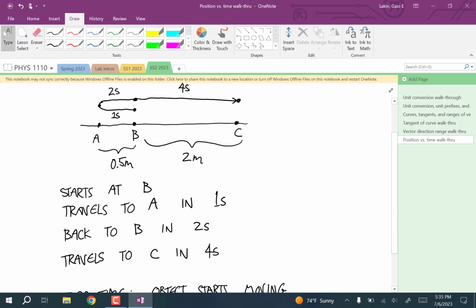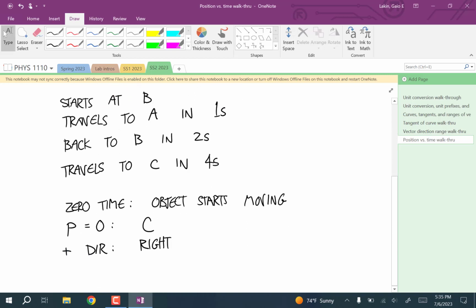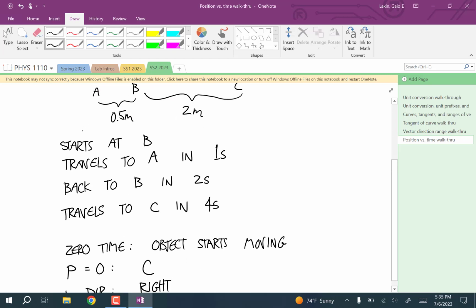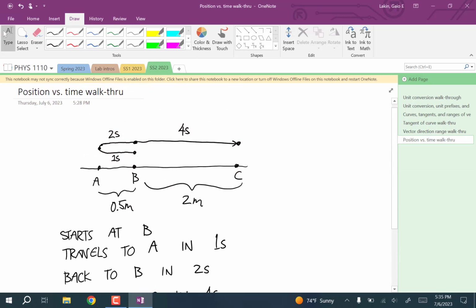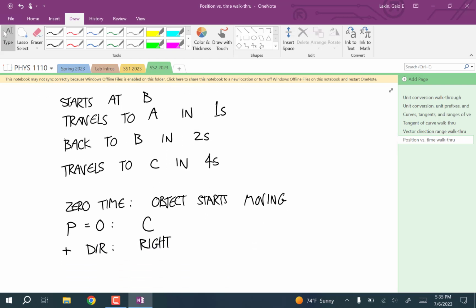Well, the next step is, now that we have the motion drawn out and the times between the different checkpoints, we have to use what we're told about the zero time, zero position, and positive direction.